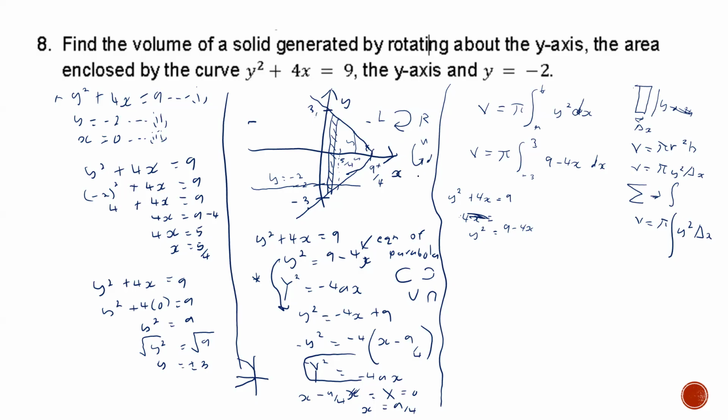Oh, sorry. I think I get you. Yeah, you're right, actually. If you're rotating about the y-axis, the y-axis is the line x is equal to 0, so it's still the vertical.